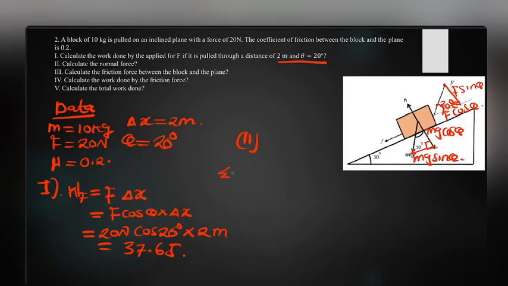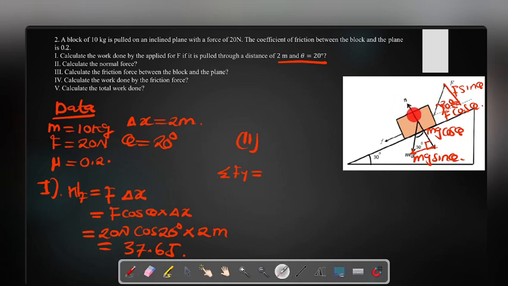So say the summation of all the forces along the y. Number one, on our diagram, we have our normal force, which is the upward force. Then also we have the y component of the applied force, which is F sin theta. So that will be positive F sin theta.